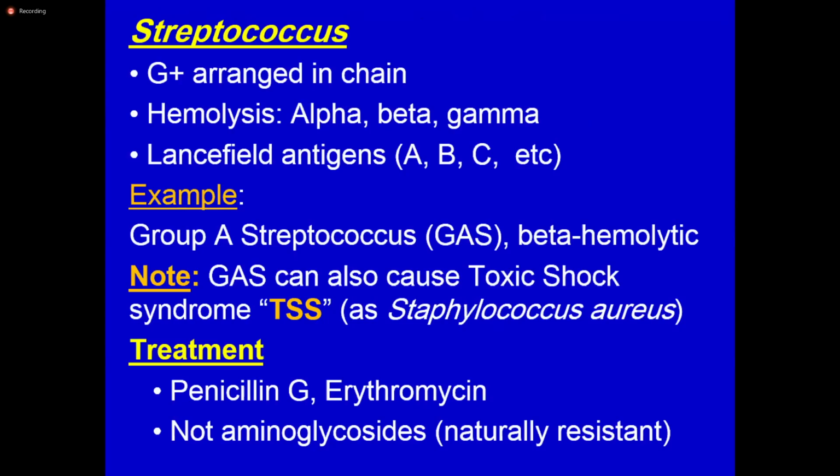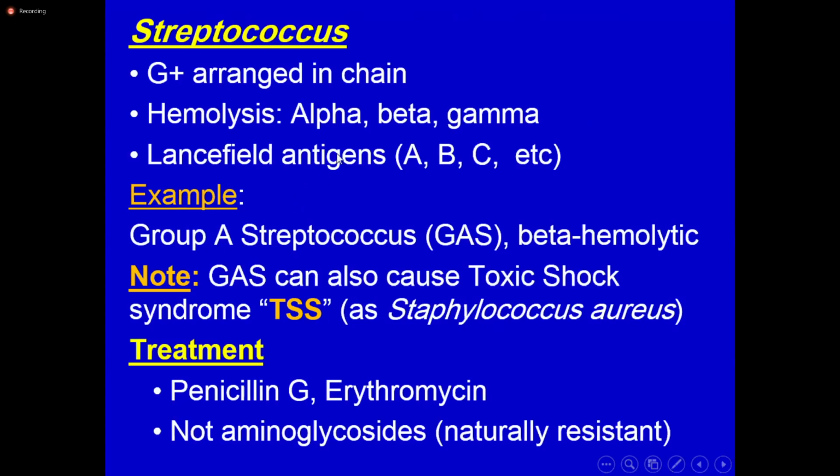Alpha, partial. They are grouped according to the Lancefield antigen. Lancefield عالمة وحدة بالميكروبيولوجي اسمها ريبيكا لانسفيلد عملت different types of antigen A, B, C, etc. Well, nowadays it has been substituted by other ways of typing.